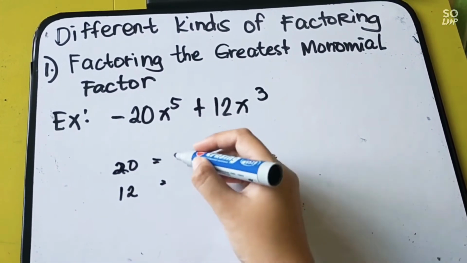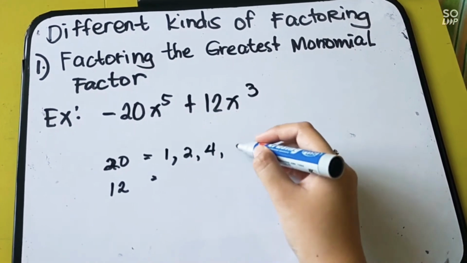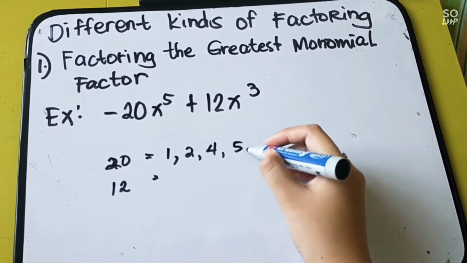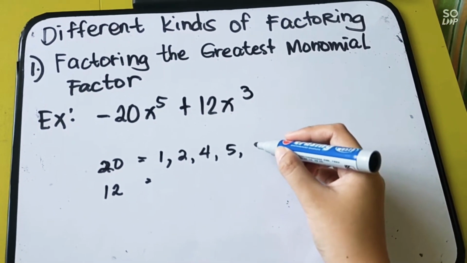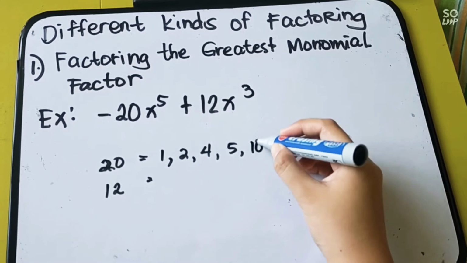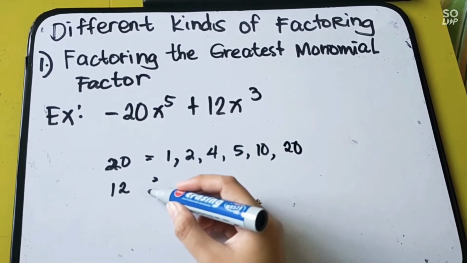So, we have 20. The factors of 20 are 1, 2, 4, 5, 10, and 20. Next, how about 12?